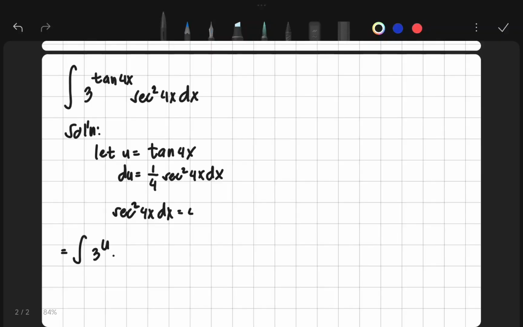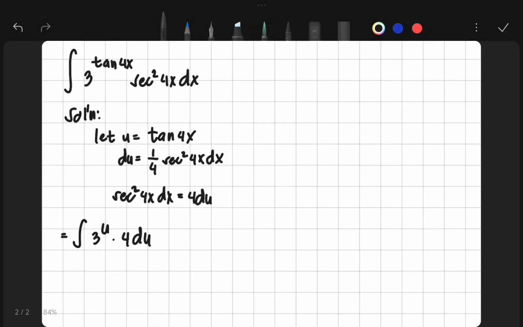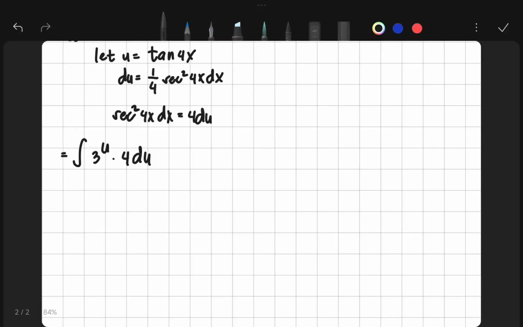It's equal to 4 du. Okay, like that. So this will become 4 du. And since we have a constant here which is 4, we can put that before the integral sign. So this will become 4 times the integral of 3 raised to u du.